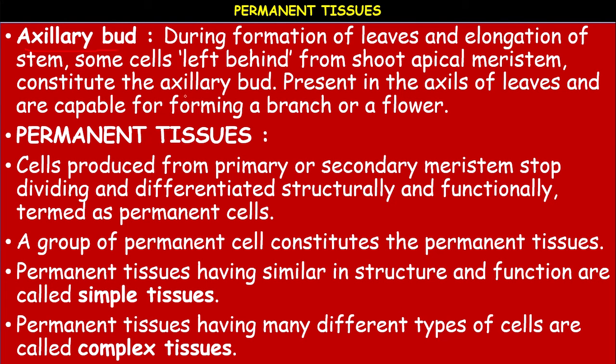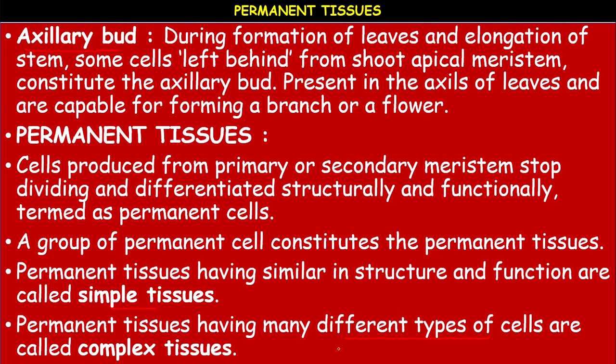Okay, children. The permanent tissues in the plants are classified into two. What are they? Simple permanent tissue and complex permanent tissue. Simple permanent tissue is made up of only one type of cells, whereas complex permanent tissue is made up of different types of cells. The name itself is indicating simple, and the name itself is indicating complex.